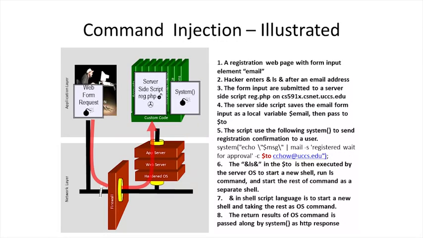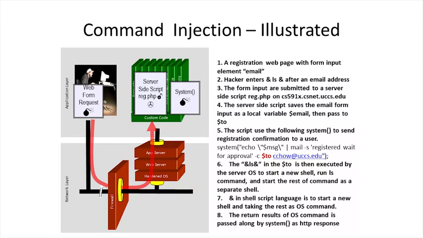Fourth step, the server-side script saves the email from the phone input as a local variable, like email, and then passes it along to the variable $to, and finally sends it into the system function call, right?